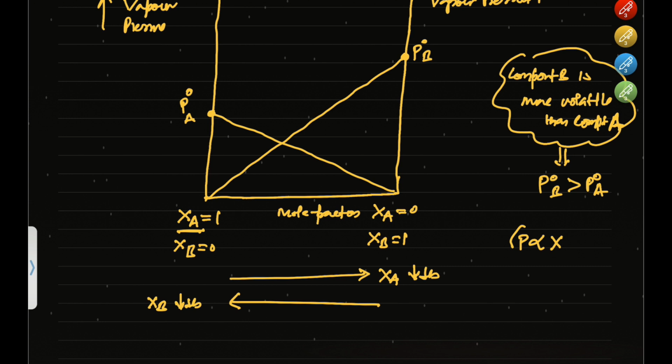This line represents the partial pressure of component A, and this line represents the partial pressure of component B. Joining the vapor pressure of pure component A and the vapor pressure of pure component B, this line represents the total vapor pressure, or the vapor pressure of the solution.